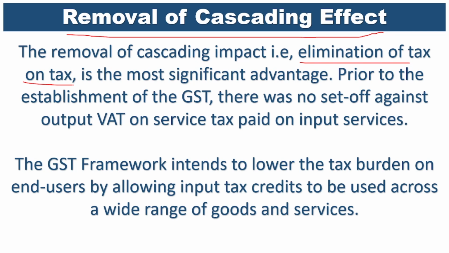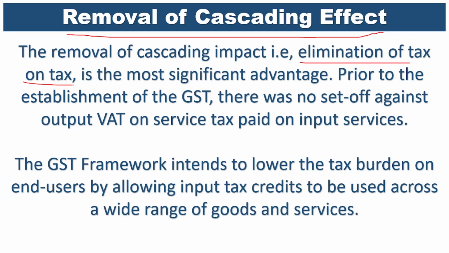Prior to the establishment of GST, there was no set off against the output VAT on service tax paid on input services. Now we will subtract whatever tax is already paid, and only on the value addition at each stage will we be paying the tax. The GST framework intends to lower the tax burden on end users. So what happens when tax cascading is eliminated?